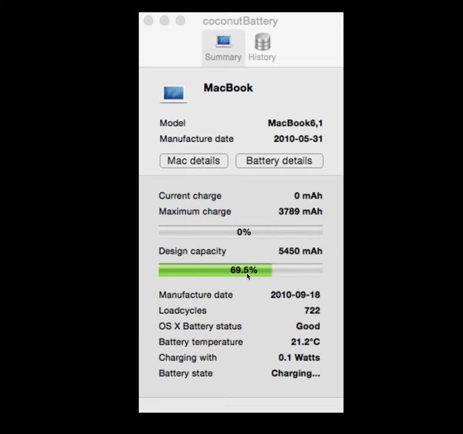So 70% is on the lower edge, plus the 700 load cycles. I'm not real excited about this battery. Maybe I'd put it in a lower end machine, a lower grade machine. Although the OS is still saying it's good, so that's positive.